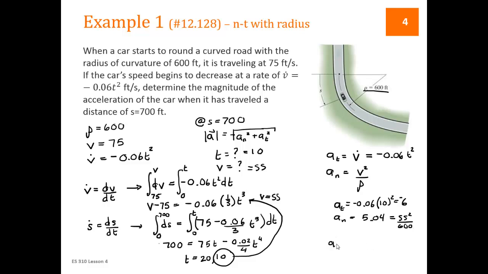And then our magnitude of acceleration is the square root of 6 squared plus 5.04 squared, which gives us 7.84 feet per second squared.